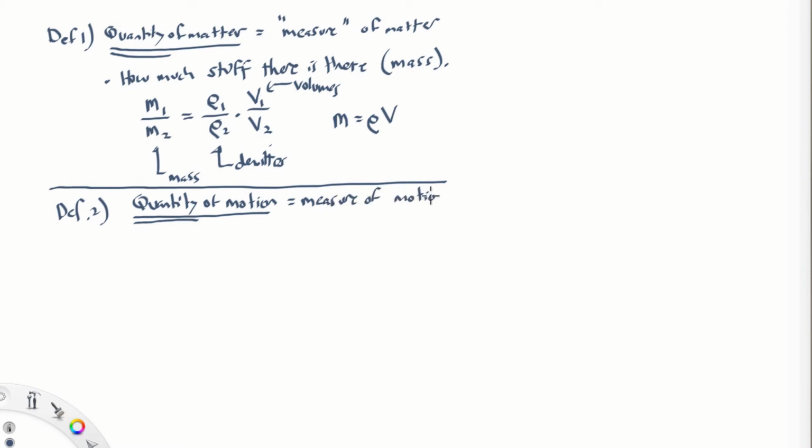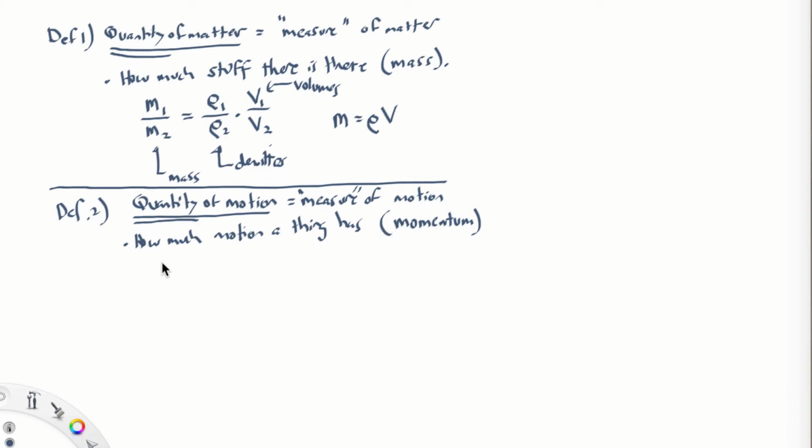How do you measure how much motion a thing has? This is what we today would call the momentum of an object. I will probably use the modern terms, but it's good to keep in mind that he's referring to it as quantity of motion, or sometimes just as motion. By that, he means the momentum of an object.